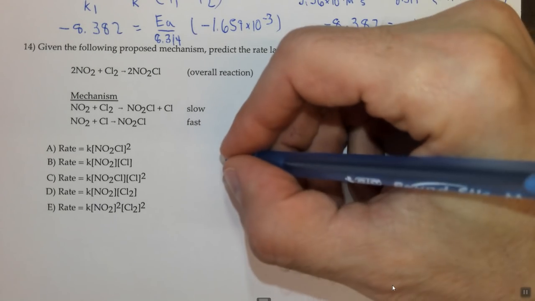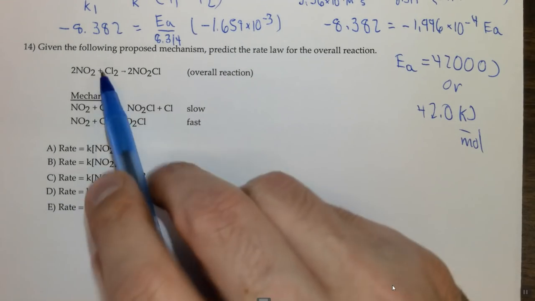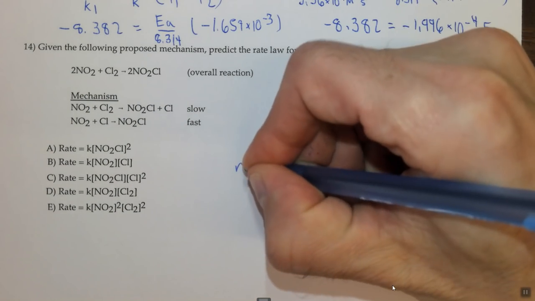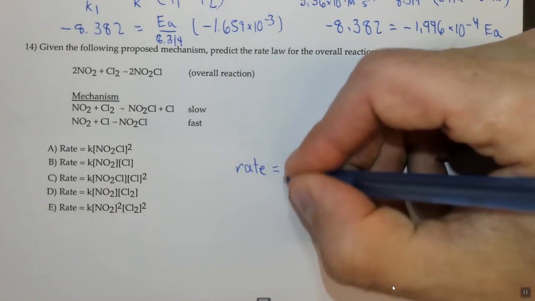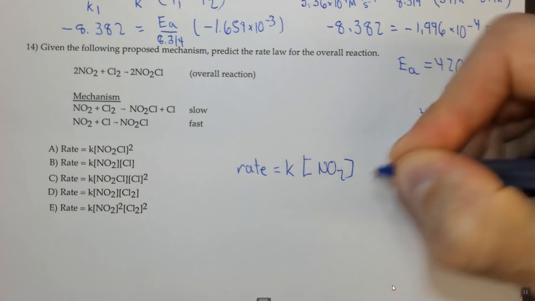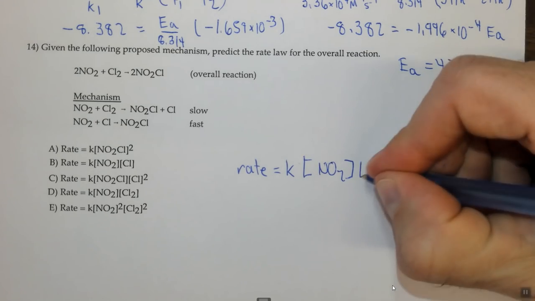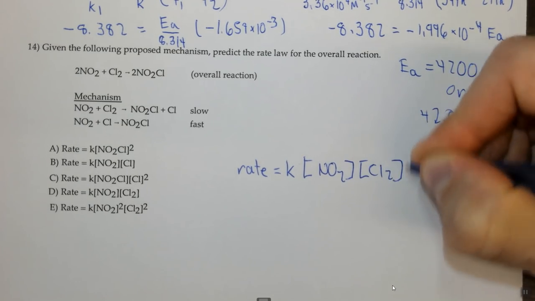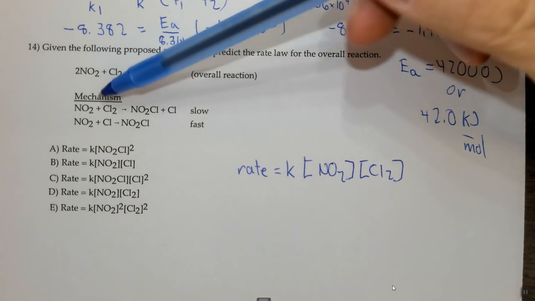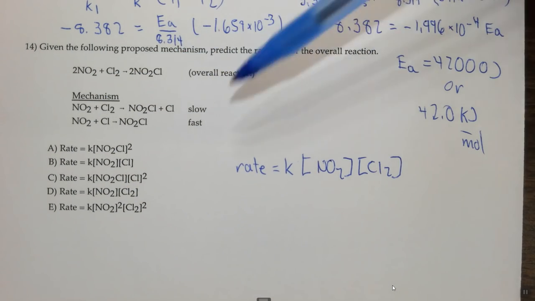So here, when the first step is slow, and we have actual reactants in that step, the rate is equal to k times the concentration of NO2 to the 1, I'm not going to write it, concentration of Cl2 to the 1. Again, we can use stoichiometric coefficients because in the mechanism, these are molecular reactions.